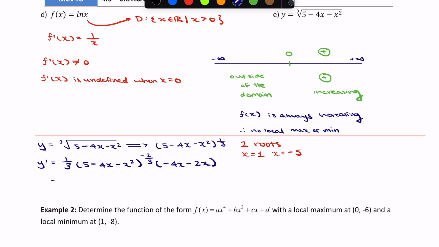Here, if we rewrite this, and we'll make it equal to 0, we have (-2x - 4) over 3(5 - 4x - x^2)^(2/3). And so if we make that equal to 0, again, we see here that -2x - 4 will be equal to 0, and x will be equal to -2.